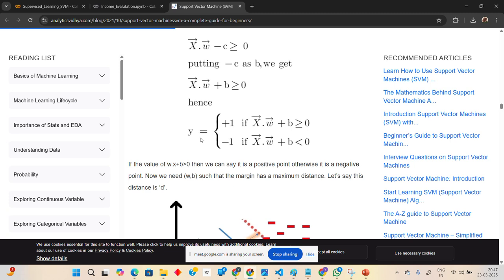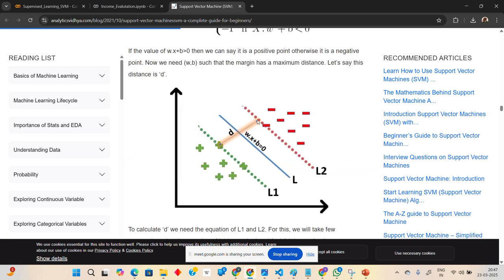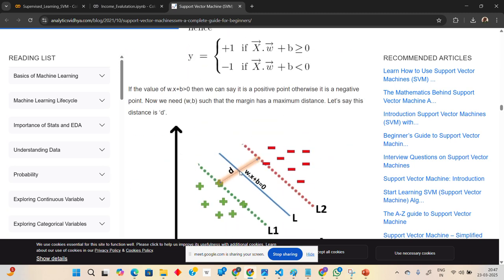But here, +1 means one class, the positive class. It is defined if the value is greater than or equal to 0, and less than that means -1. Clear? This is the way to define whether any point belongs to this side or this side.